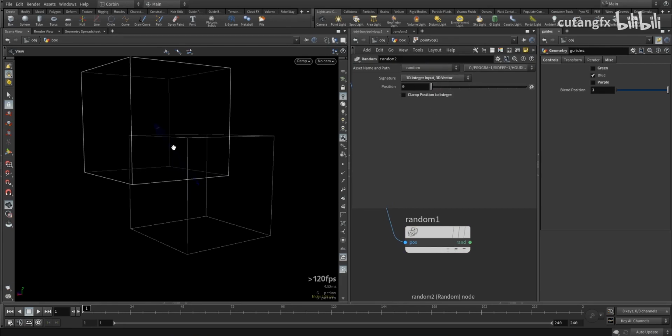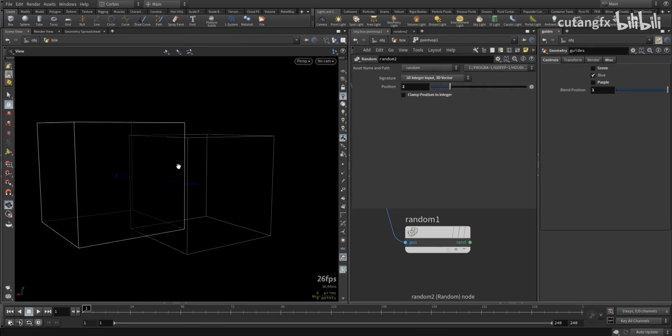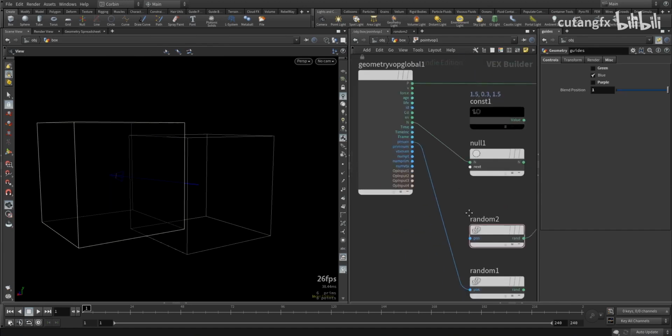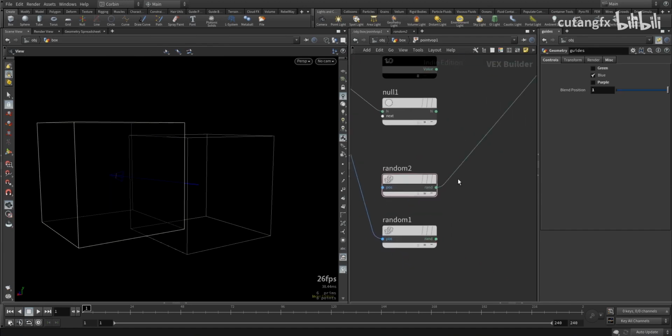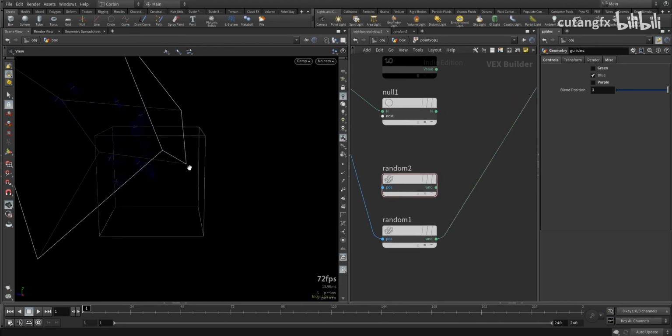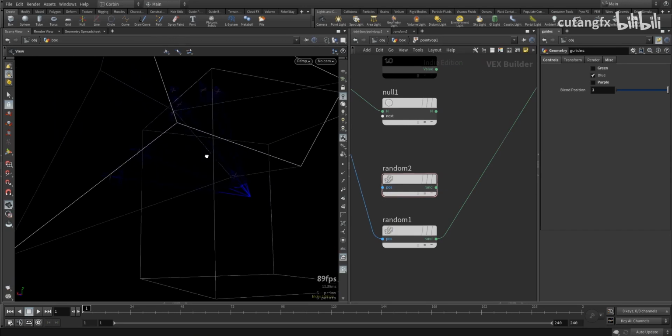So 0 will equal this, but 1 will equal that, and 2 will equal this one. And because each point number is unique, it's going to add up to a whole collection of random vectors, one per point. So if I plug it in, you can now see all of those vectors are different for every point.